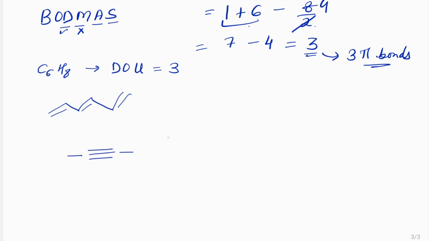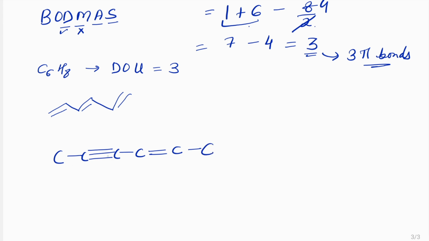Write carbon, carbon, carbon, carbon, and there will be a 1, 2, 3, 4 double bond, like this. Like this also, there is a carbon once again. 6 carbons are there, so you can make it like this.